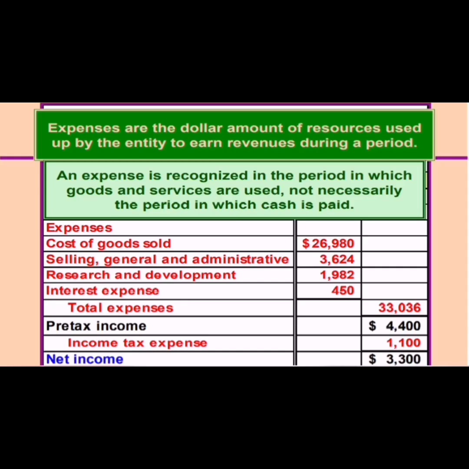A total of these expenses will be deducted from your income, and you will get a net result of pre-tax income, that is 4400. After that you will deduct the tax expense from that income before tax, and finally you will get the net income, which you can also call income available for distribution.